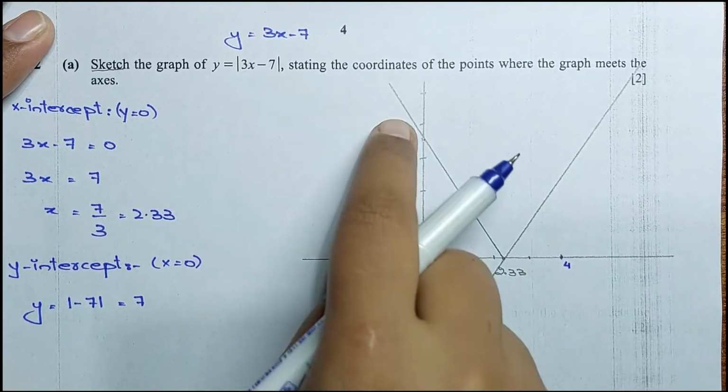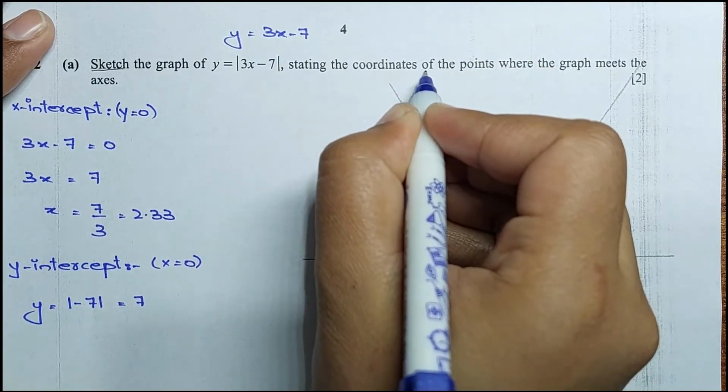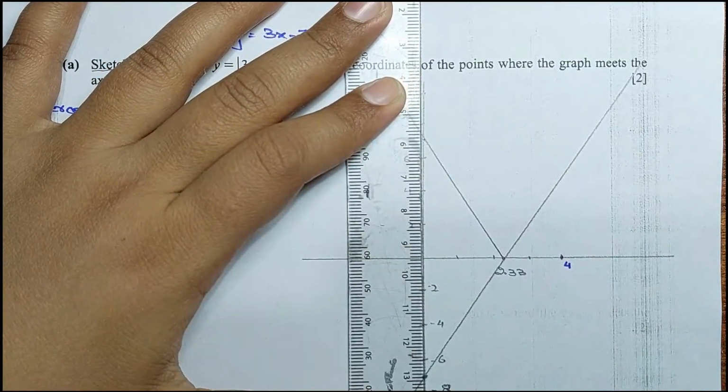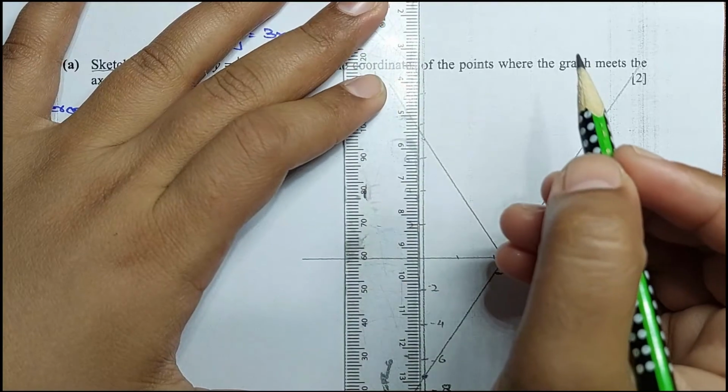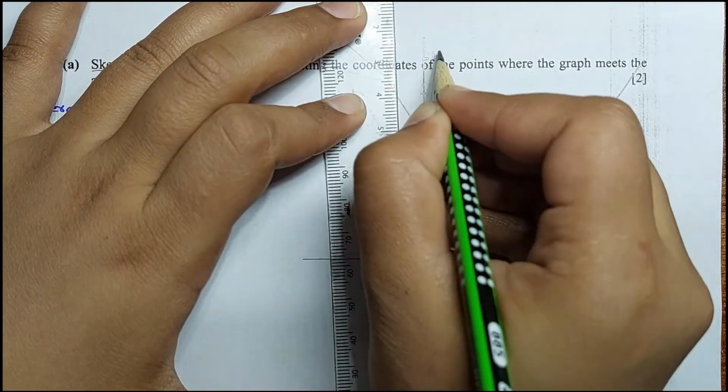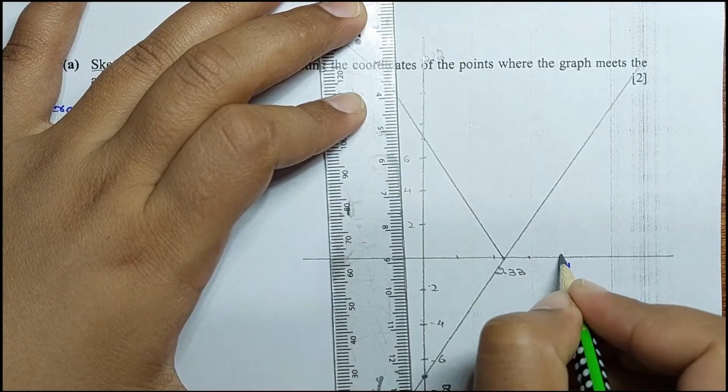This is 2, 4, 6, 8, 10, and 12 is at the top. This is 12 and this is 4.